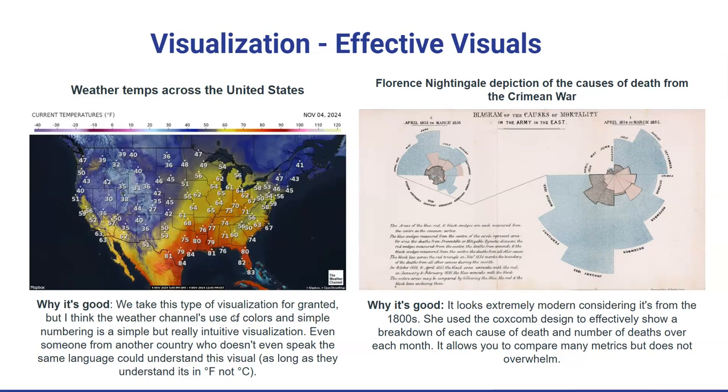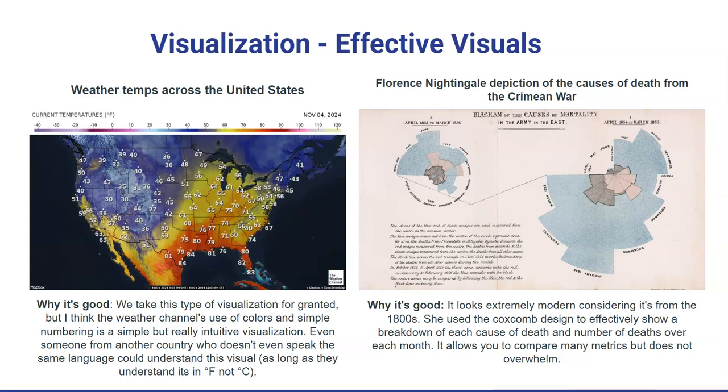Alright, so for our showcase, we really want to represent what makes a visualization effective. For our first example, we will be analyzing this example by the Weather Channel. As you can tell on the left side here, this is an example of the weather temps across the United States.